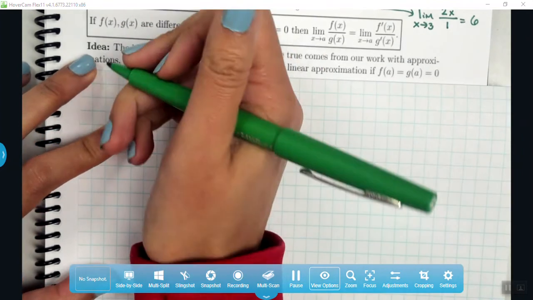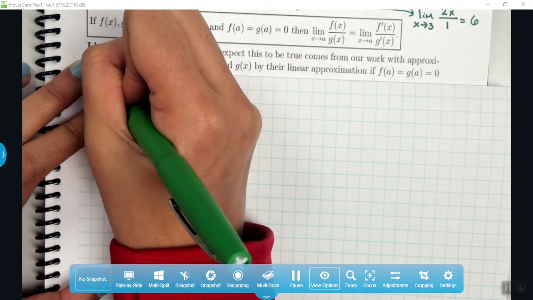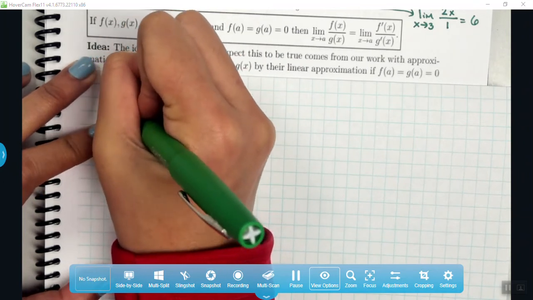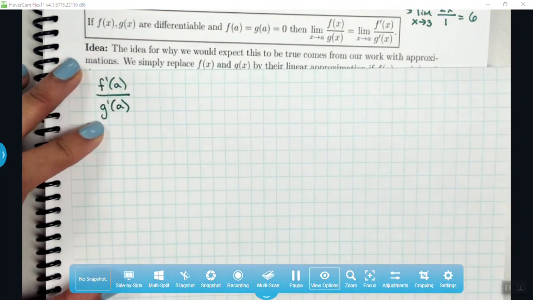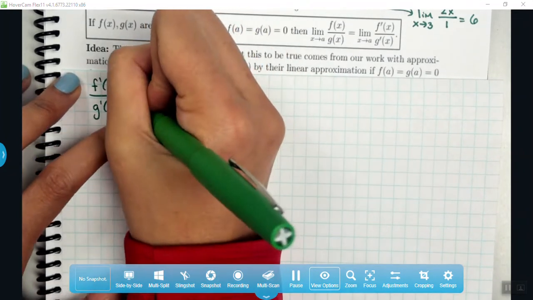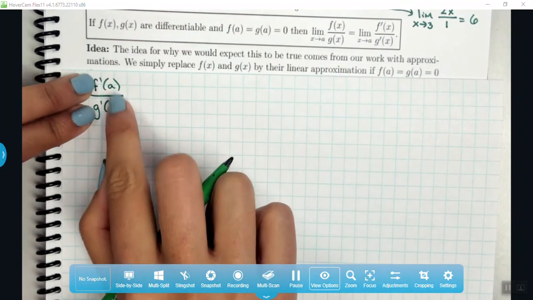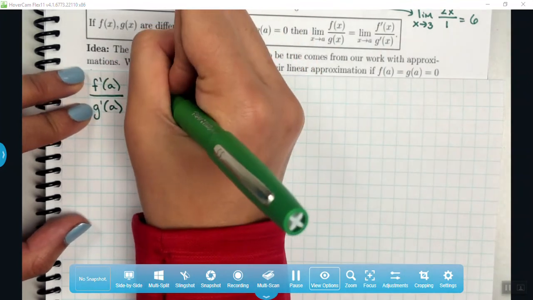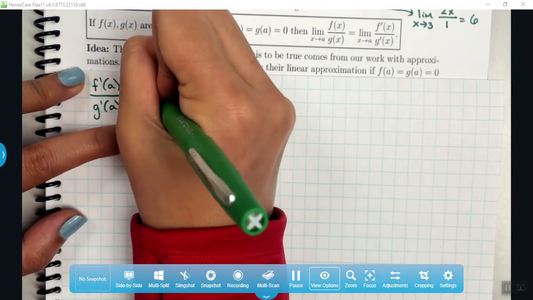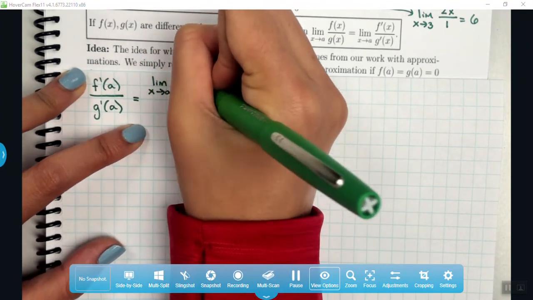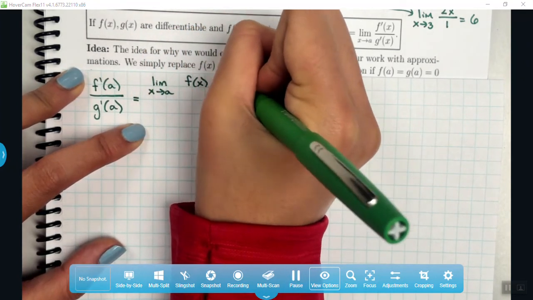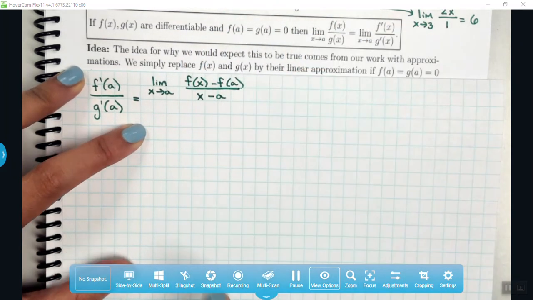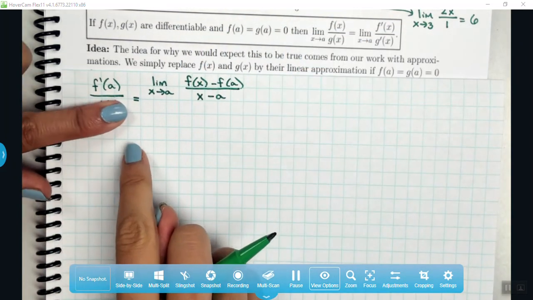Okay? So, here let's do a short reason why. Let's start with f prime of a over g prime of a. You don't need to know this, but this is the reason why it works. If we write both of these in the definition of a derivative, then I can go limit as x goes to a of f of x minus f of a over x minus a, right? That's what f prime of a equals.